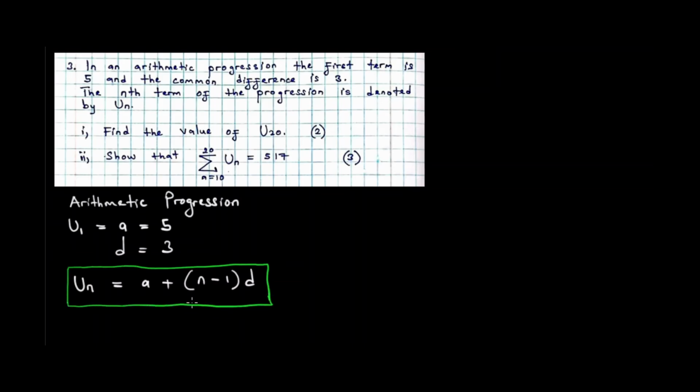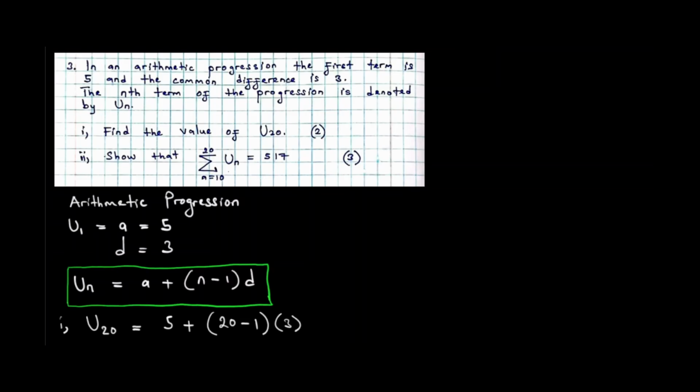Since we know this formula, we just have to apply it to get what we are looking for. Part 1 wants the 20th term. So u20 is equal to, what is a? The first term, 5, plus n, which is 20, minus 1 times d, the common difference, 3, like this.